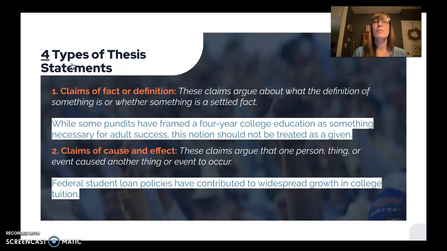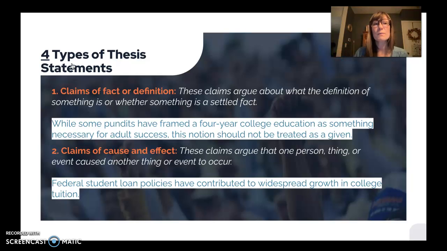All right, so thesis statement number 1, this is a claim of fact or definition, right? We're taking something that is believed to be one way, and we are going to actually argue that it is something else, right? So for example, while some pundits have framed a 4-year college education as something necessary for adult success, this notion should not be treated as a given.